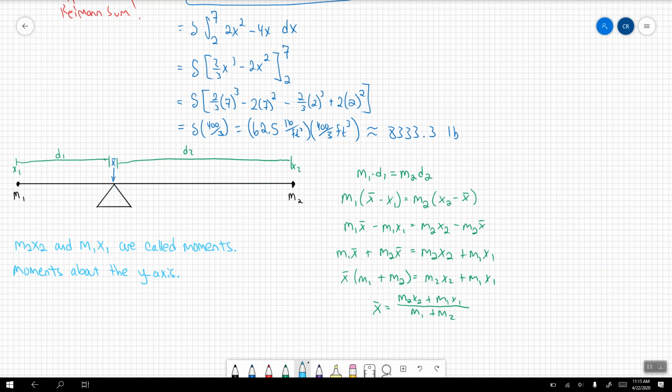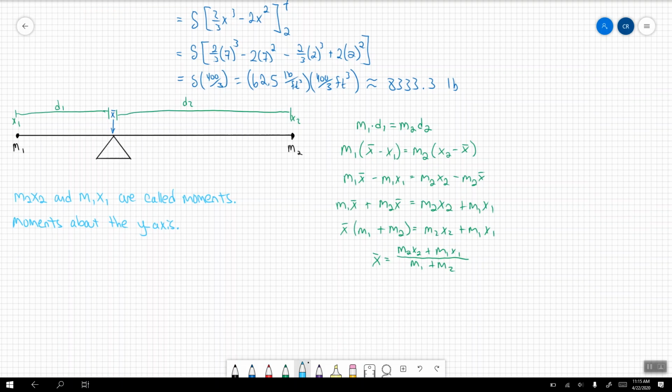Now, what this is talking about over here specifically, to find the midpoint or the balancing point, we need to add all the moments. What do we need to divide by? M1 plus M2. Well, we're going to divide by the total mass.